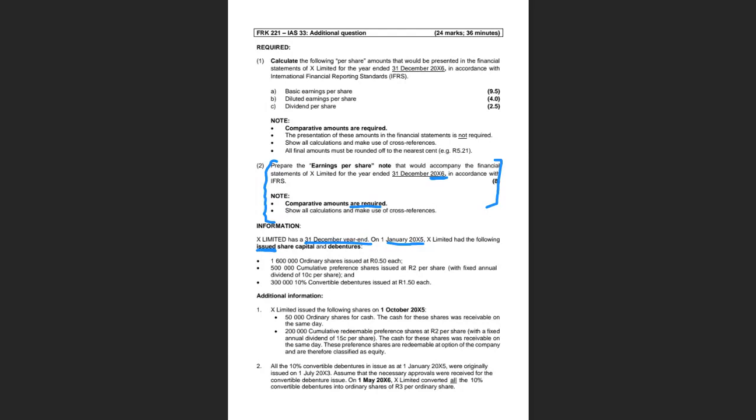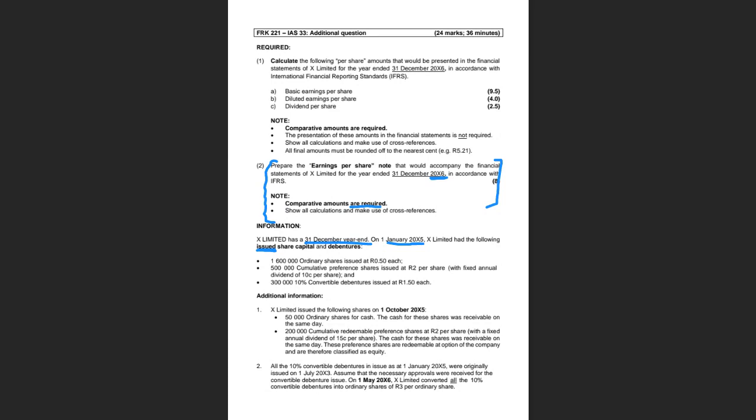Now, your first task is to calculate the dividends for the cumulative preference shares. Calculate the total dividends for the cumulative preference shares and put it in the chat box for me. While you're doing that, I'm just going to read the next part.